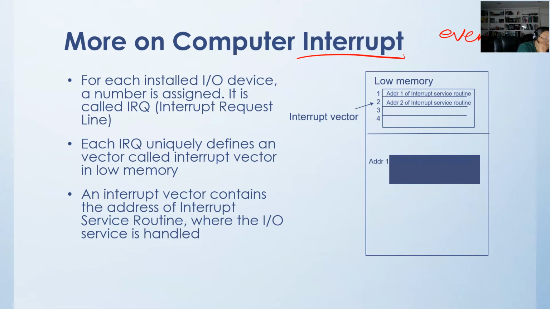That's the reason why when we install any computer hardware, any input-output devices, for each device installed, the computer operating system is going to generate a number associated with that device. This number is called IRQ, which basically stands for Interrupt Request Line.